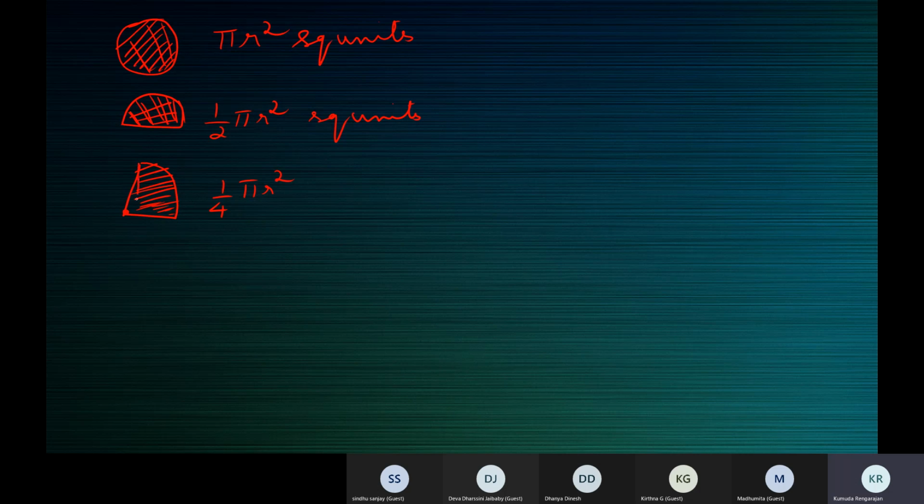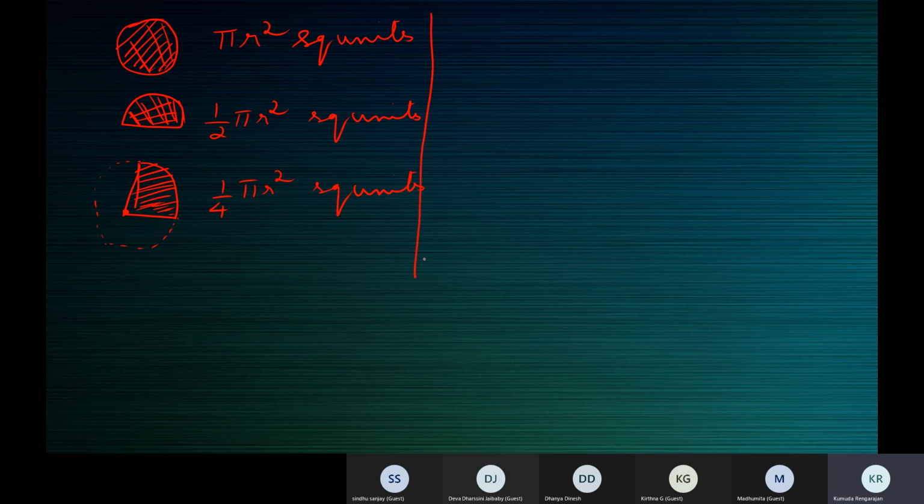And if you complete this, it's a circular region. See here, this is 1/4 of pi r square. This is understood? Yes, ma'am.